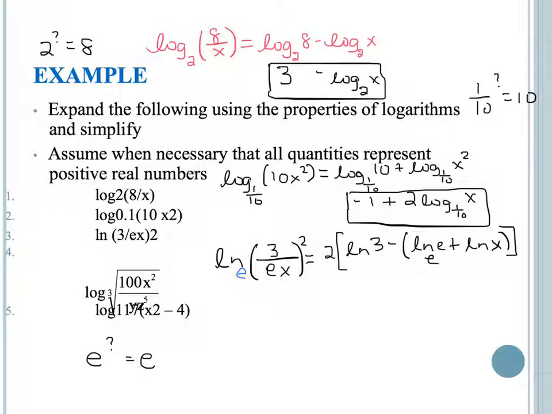Well, 5 to what power equals 5? It's the same question as e to what power equals e. The only way that happens is if my exponent is 1. So the ln of e is 1. Everything else is going to stay.